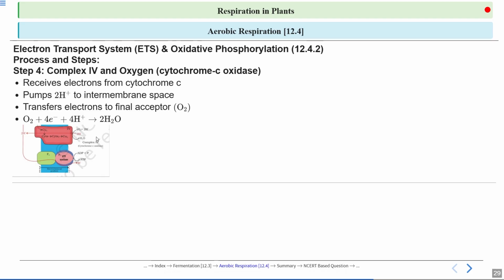So here you can see the reaction, how the electrons move through complex 4 and how protons are pumped across the membrane. And oxygen is the final electron acceptor. So it accepts electrons and reacts with hydrogen ions to form water.